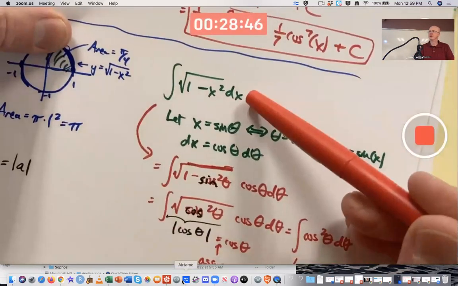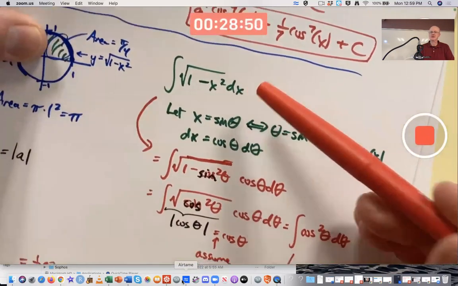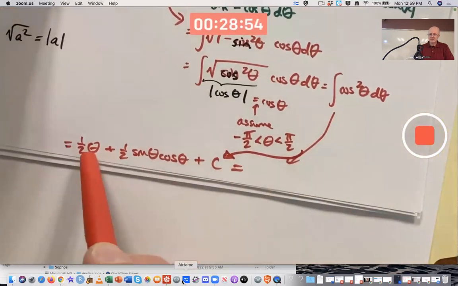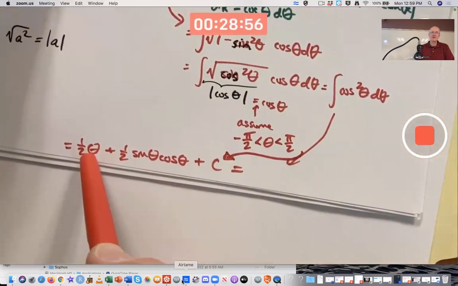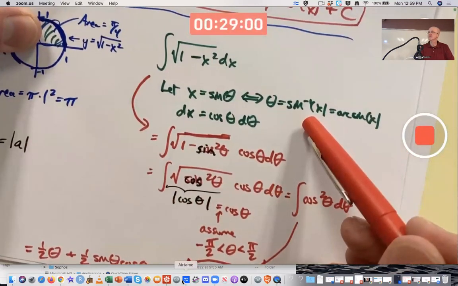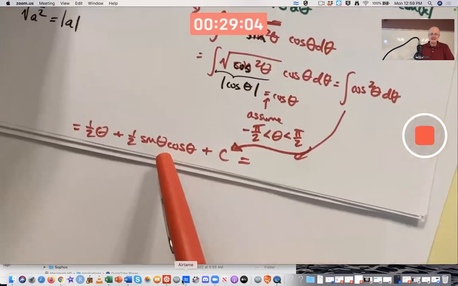The original integral involves x. Any thetas can be replaced, though, by inverse sine x. And in fact, it's a little simpler with these.